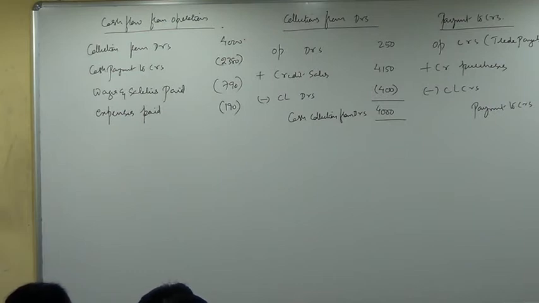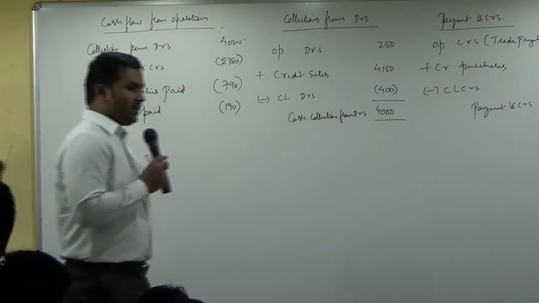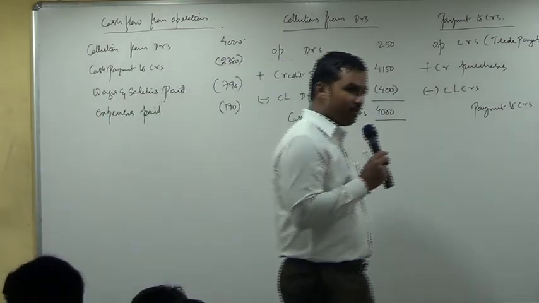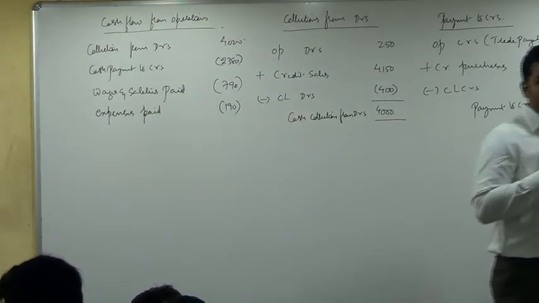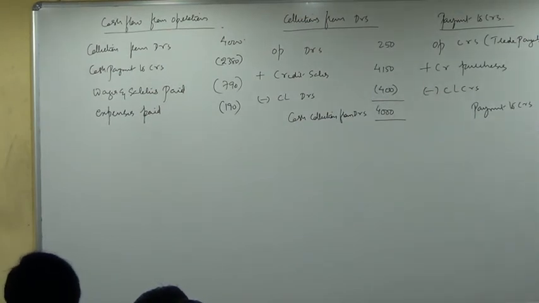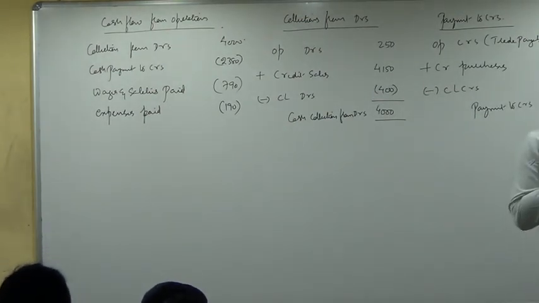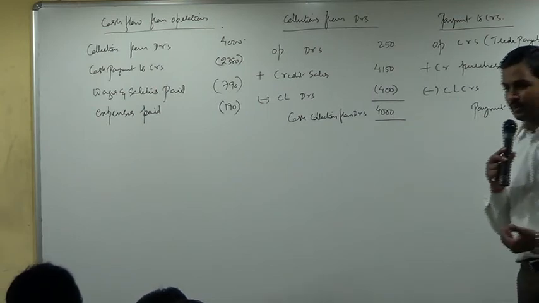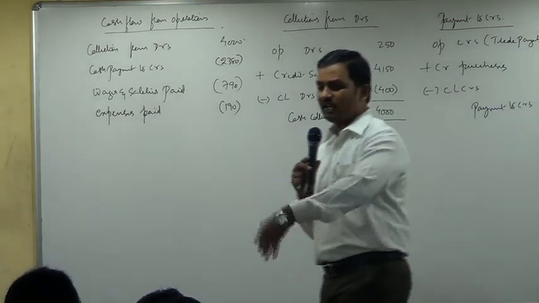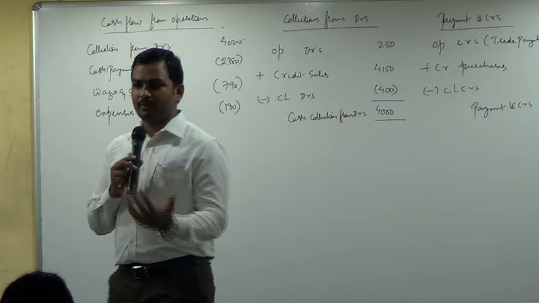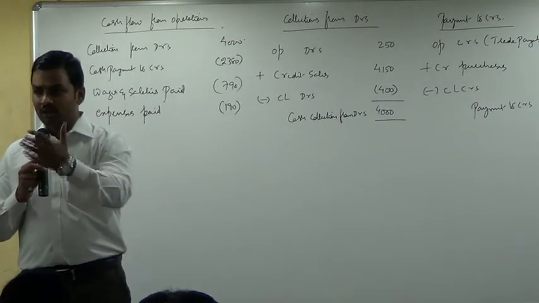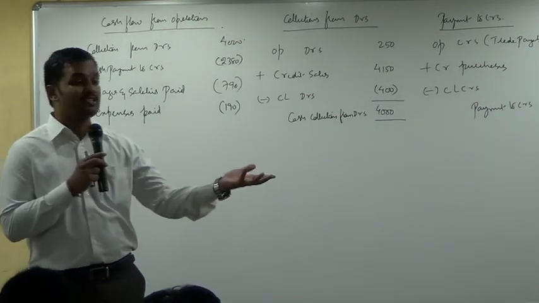See the next item in the P&L account, interest 60. Please tell me, is interest expense an operating cash flow? No. Interest expense arises because of financing activity, the activity of borrowing money from others for your business purpose. That activity is not your regular business operation. Your regular business operation is buying goods, selling goods, taking services, providing services.